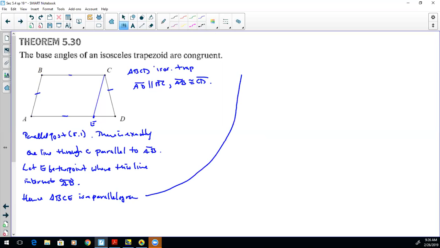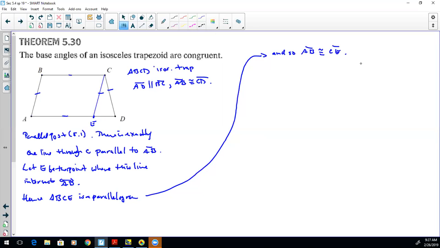So I got a whole bunch of nice parallelogram properties I can use. One of the properties of parallelograms is opposite sides are congruent. So AB and CE are congruent.